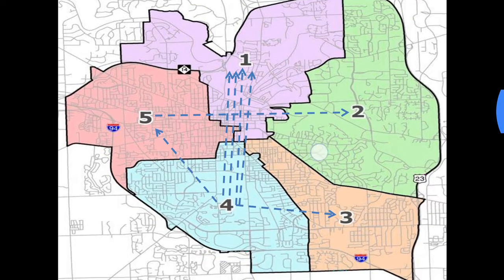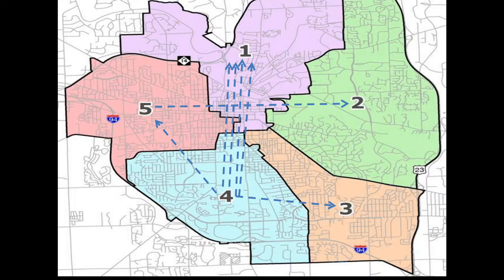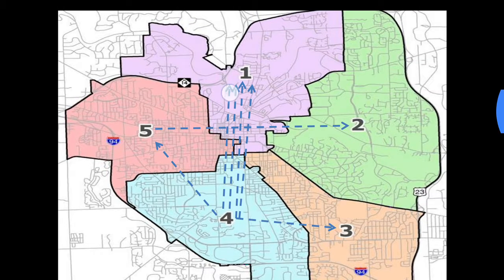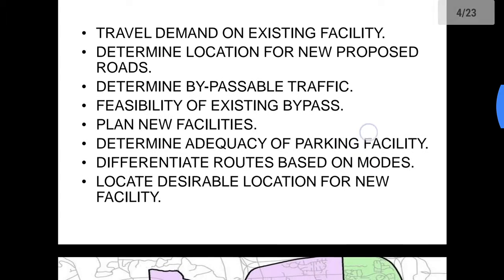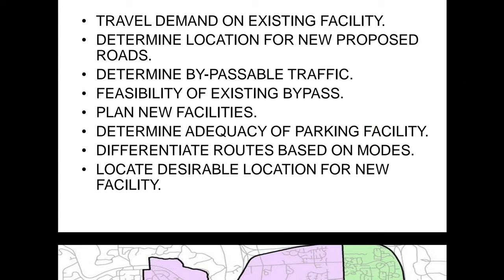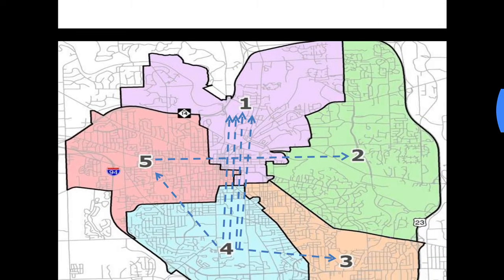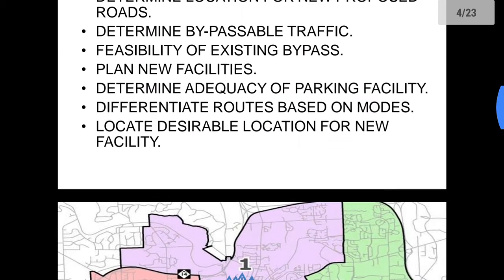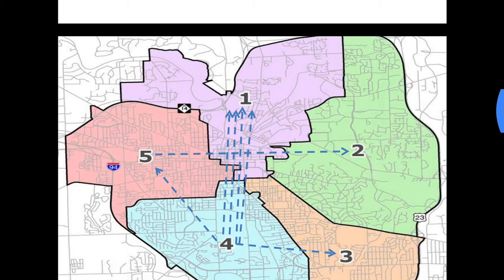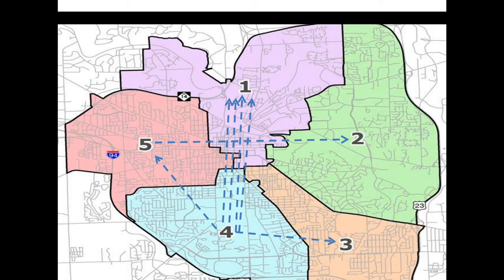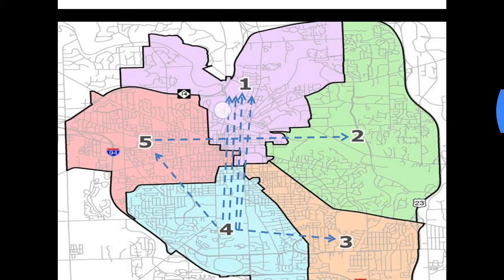Now in this diagram you can see the maximum number of trips are taking place from 4 to 1. So if there is no road facility provided from 4 to 1, then we would get to know that we need to provide a road facility from 4 to 1, because the traffic flow from this ward to this ward is more.